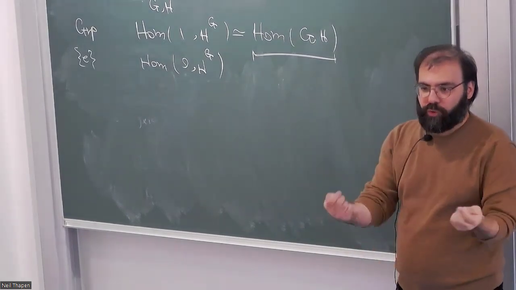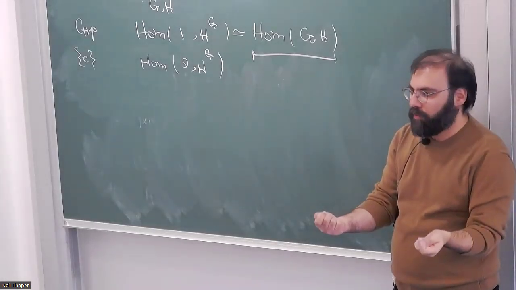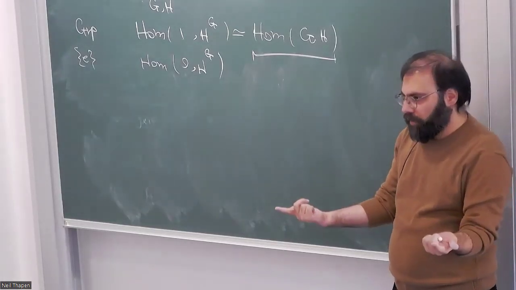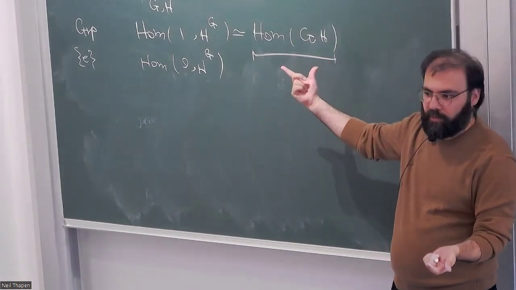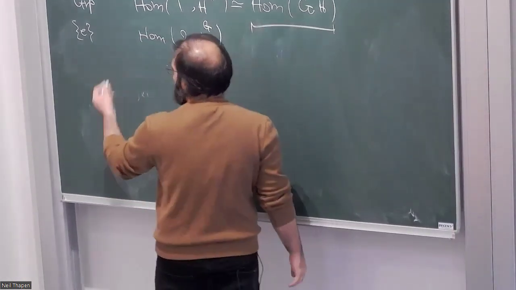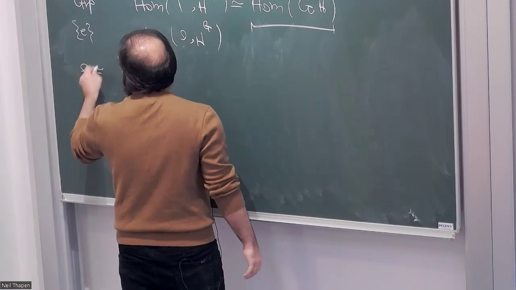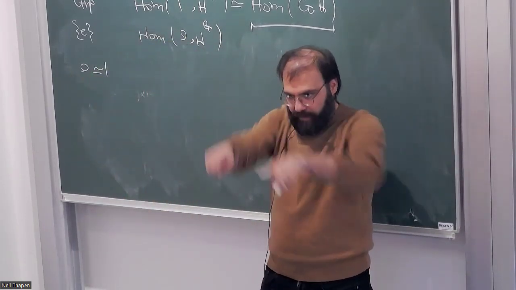So if I have just two groups with more than one morphism between them, then the exponentiation cannot exist, right? And this holds, of course, for all the categories where 0 is isomorphic to 1. Terminal and initial are the same thing.